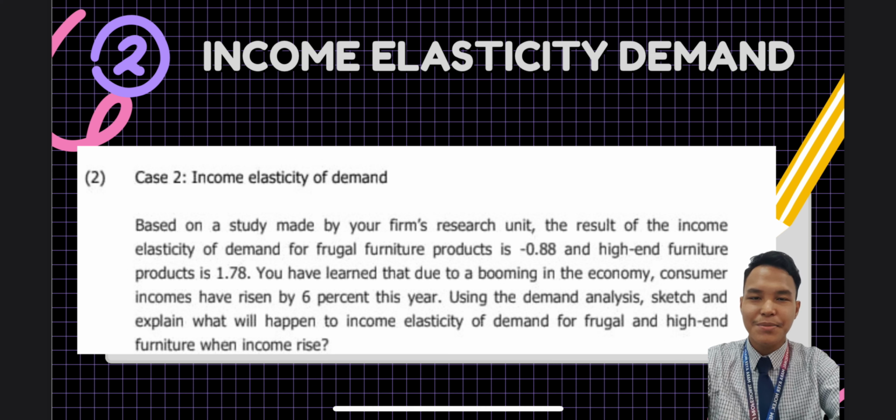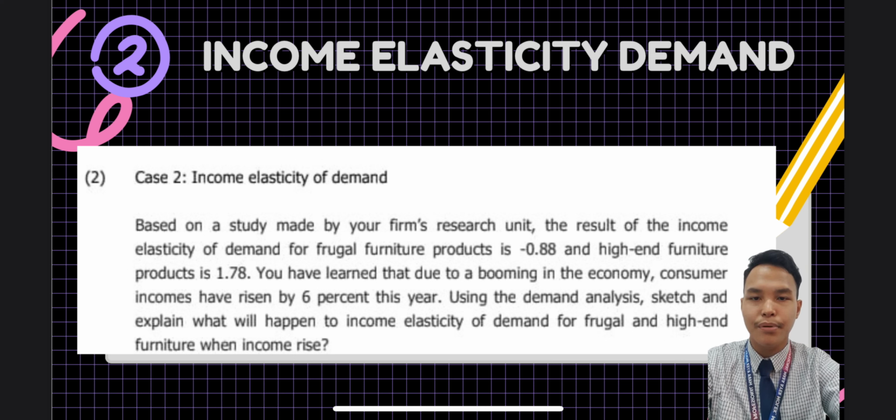Let's move to the next part. This is question 2 about the income elasticity of demand. Based on a study made by your firm's research unit, the income elasticity of demand for frugal furniture is negative 0.88 and for high-end furniture it is 1.78.